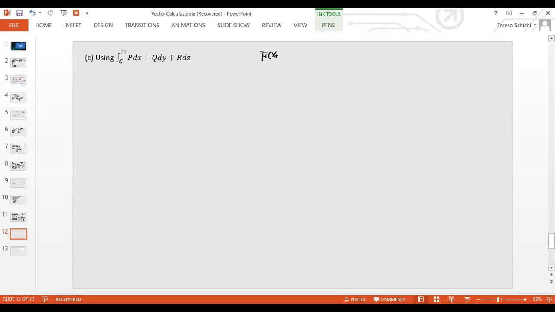I know F of x, y, z is equal to (y plus z) i plus (2x plus z) j, so remember to change your handout here, plus (x plus 3y) k.